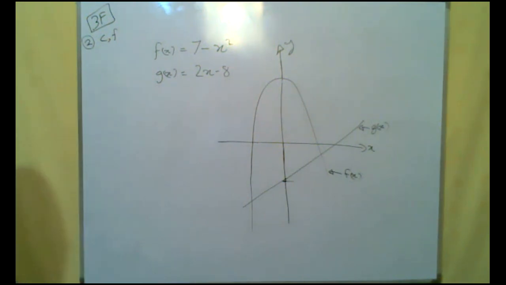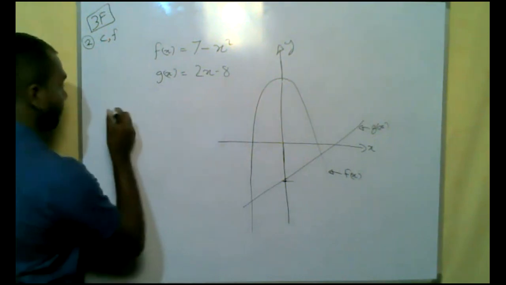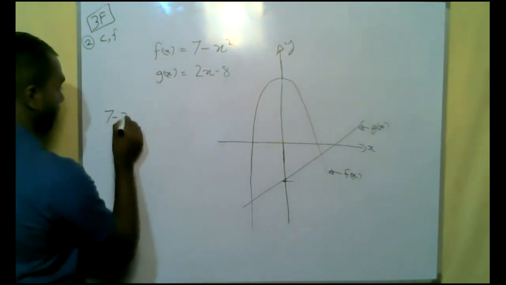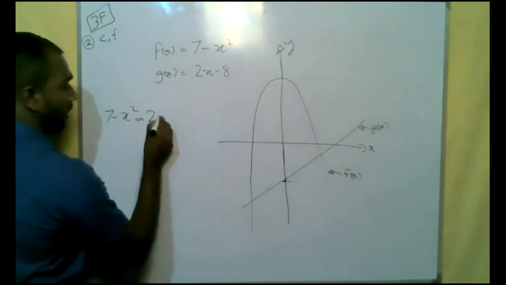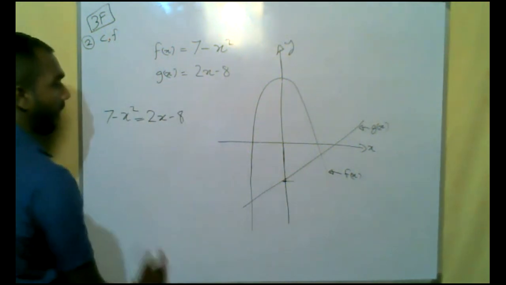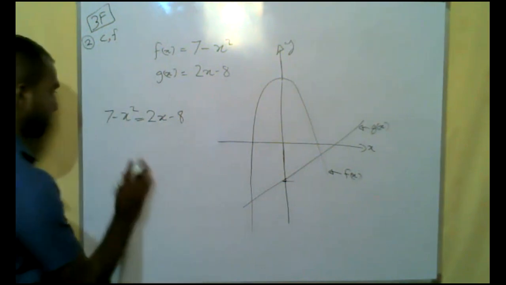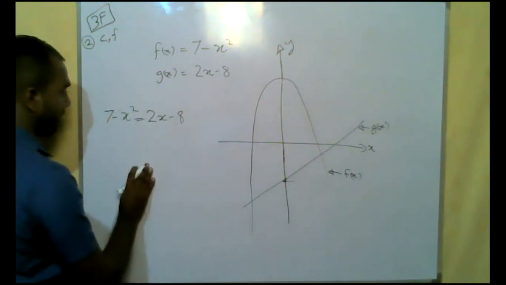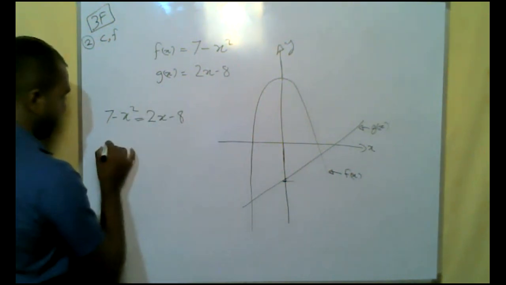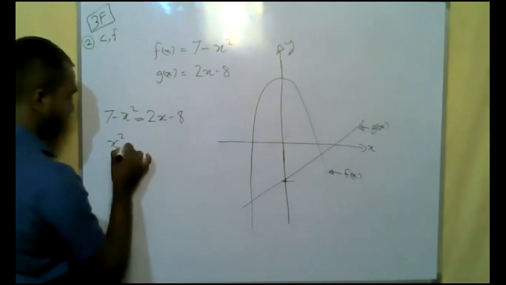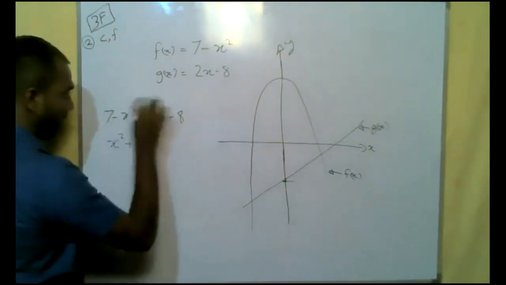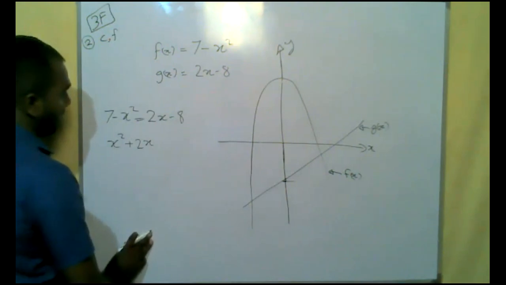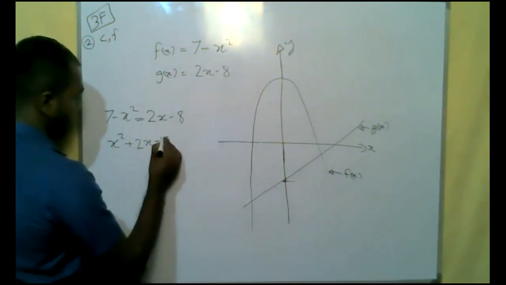And what will be our points of intersection? Namita, can you tell me what points of intersection you got? Or are you still dealing with it? When we take everything to the right side, it will be x squared plus 2x minus 15.